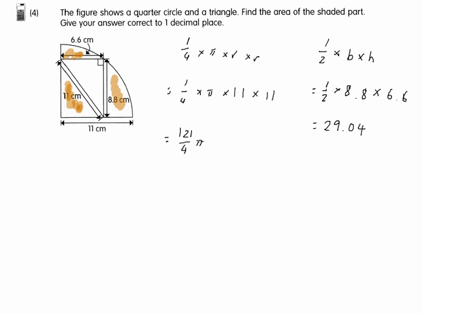121 over 4 minus. Remember, there's a 121 over 4 pi. Okay, don't just write 121. So the area is 121 over 4 pi, minus 29.04.